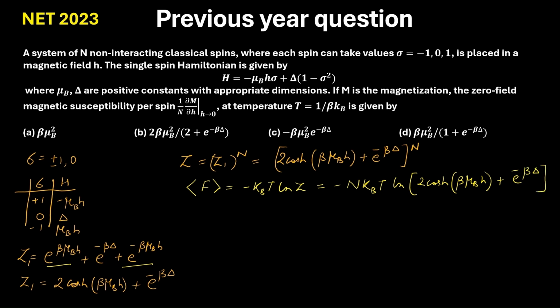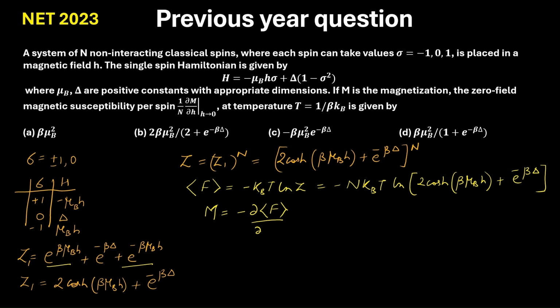Once you find the free energy, and we have already discussed how to find magnetization from free energy, the magnetization will be equal to the negative of the derivative of the free energy with respect to the magnetic field.